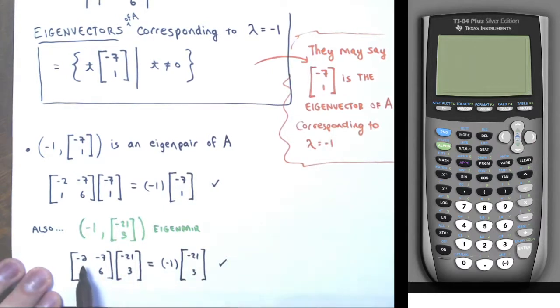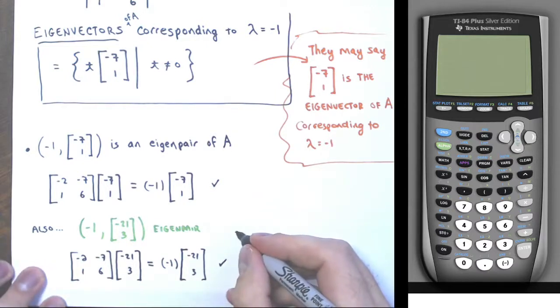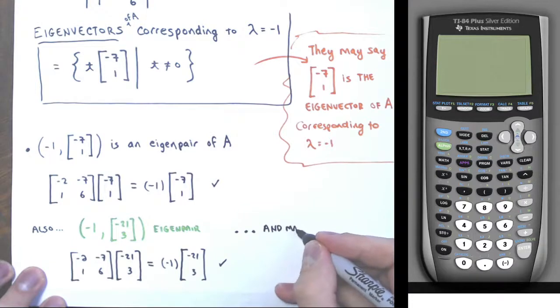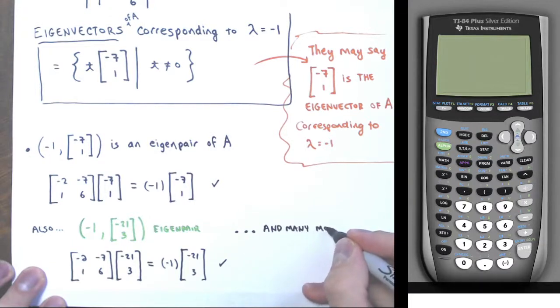If I multiply these two, the first row would be +42 minus 21, which is +21. And over here, it's +21, -1 times -21. Then the second row would be -21 plus 18, which is -3. Over here, -3. And so on. I could do this all day long. Many more, infinitely many more.